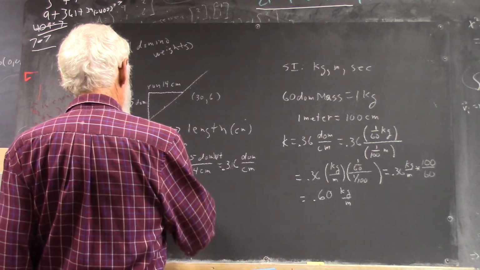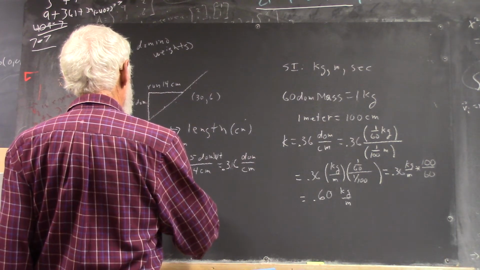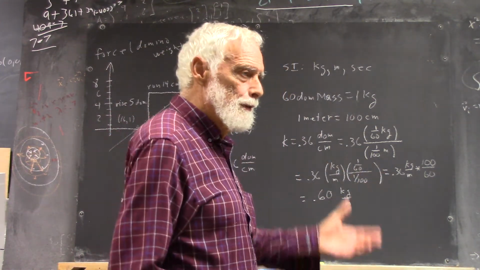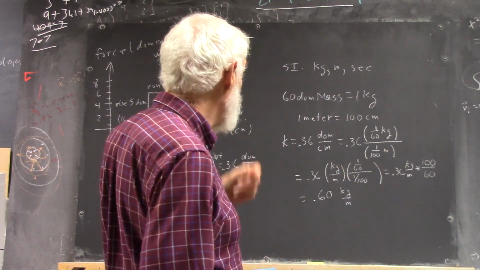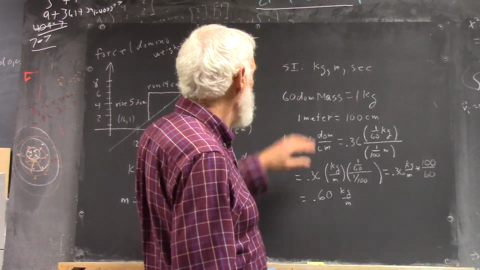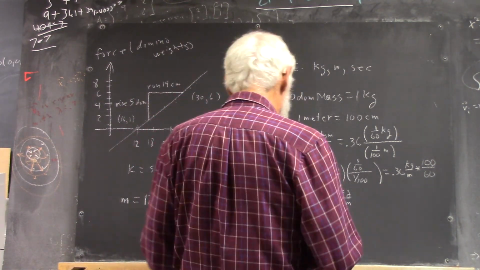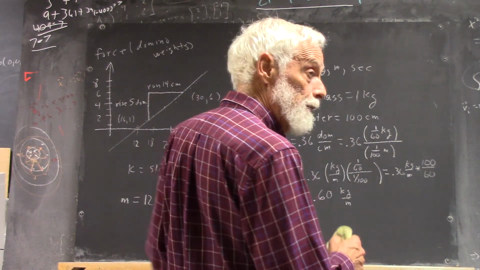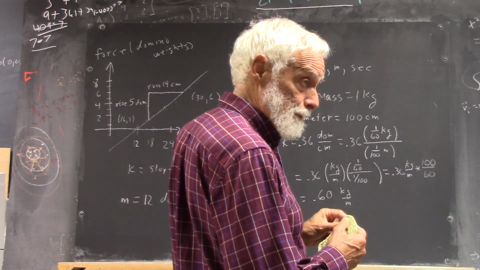But the mass is 12 domino masses. So the conversion to correct it is actually pretty simple. First of all, the unit of weight in SI is the Newton. Okay?